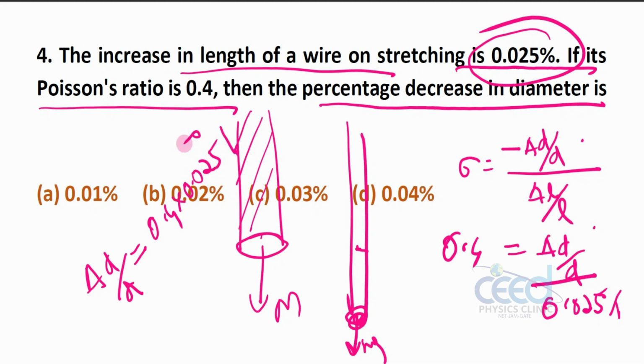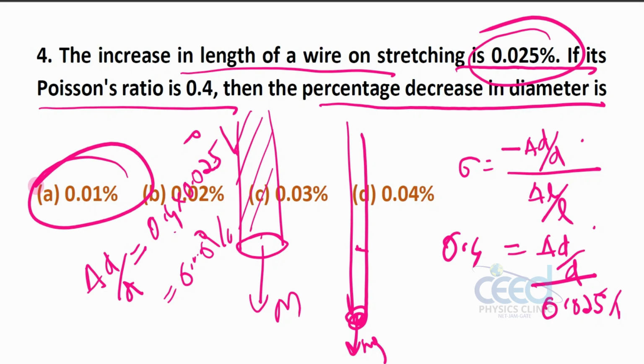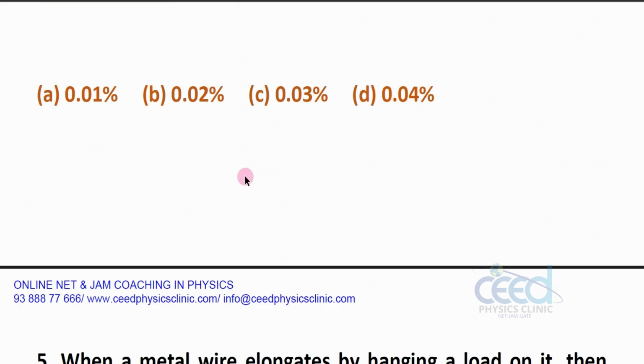So this is 4 into 2500, that is 0.01 percent. So 0.01 percent will come. All right.